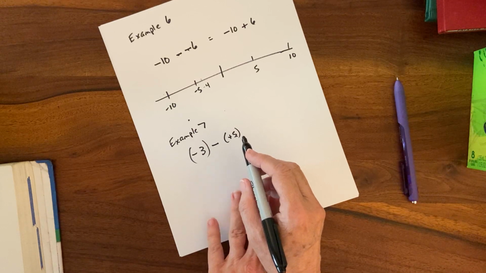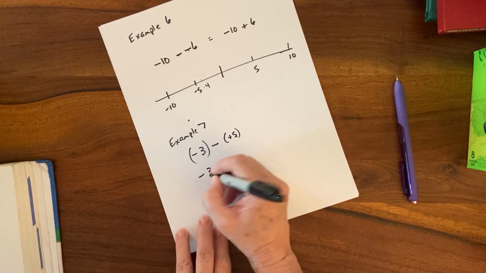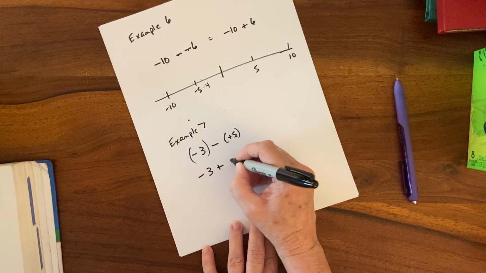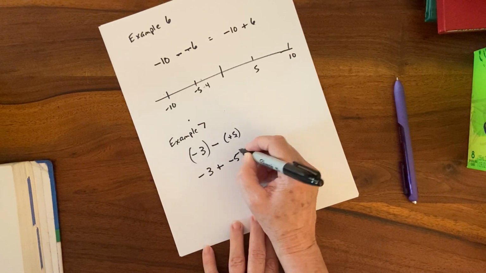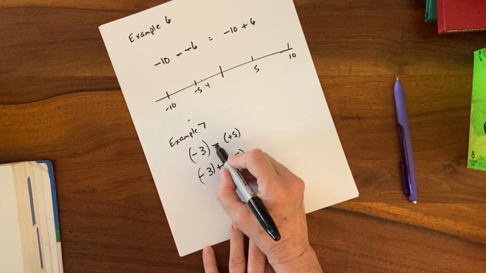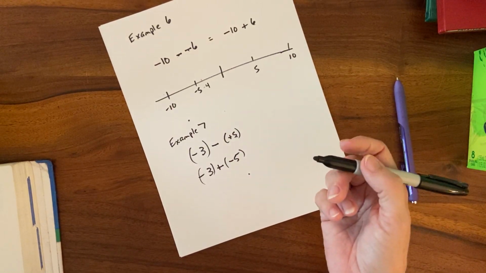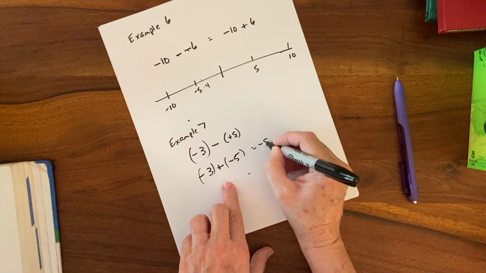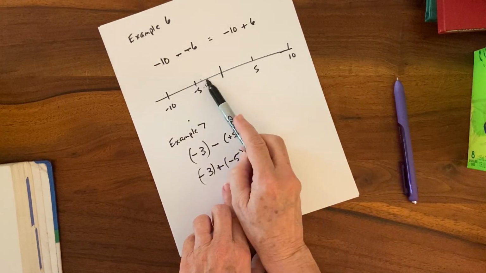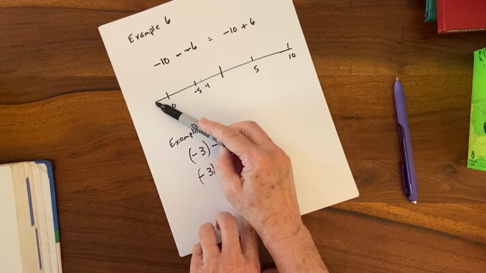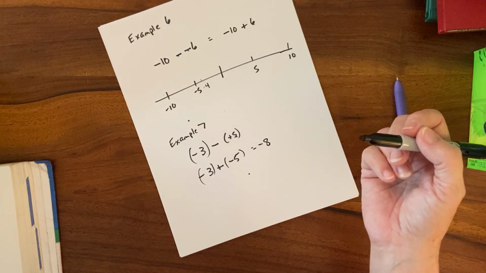So I'm really going to say negative 3 plus negative 5. Because that sign means it's the opposite. So let's finish it up. So negative 8, right? So I'm starting at negative 3. I'm adding a negative 5, so I go backwards to negative 8.